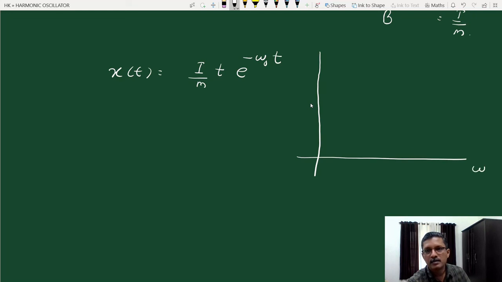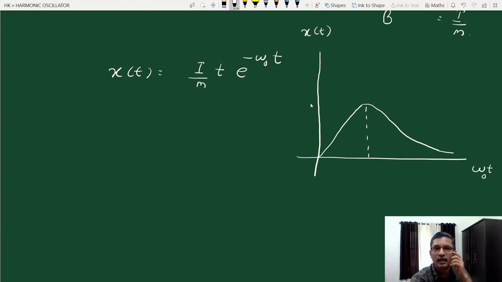Put omega 0 t along the x-axis and x of t along the y-axis. Initially it increases linearly and then it starts decreasing, something like this. So there is a time at which it becomes maximum.